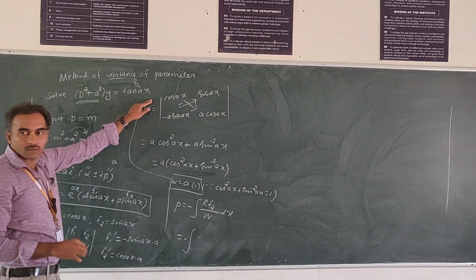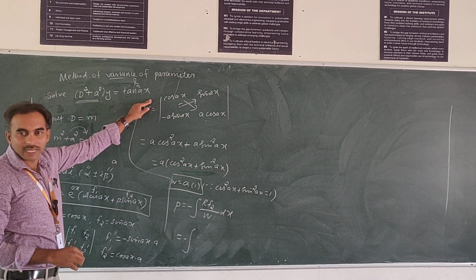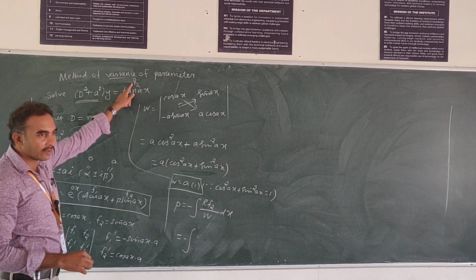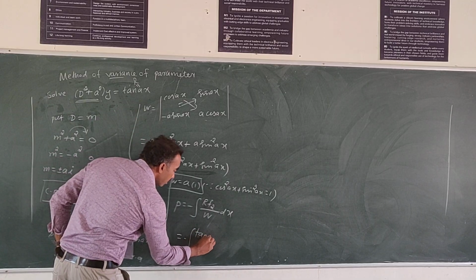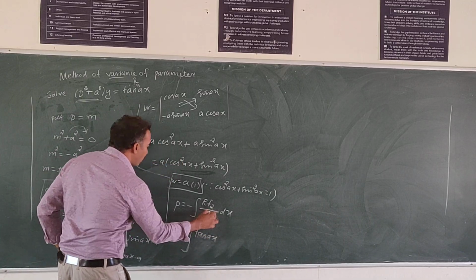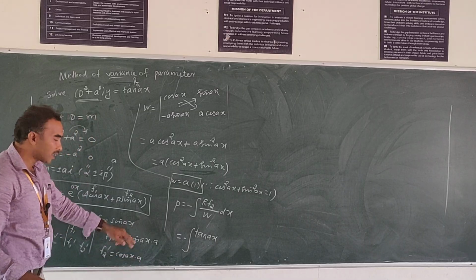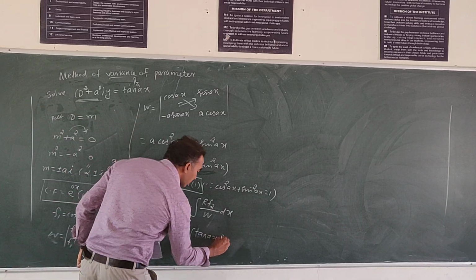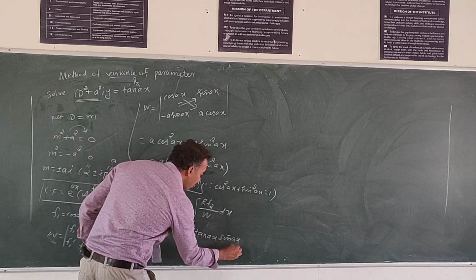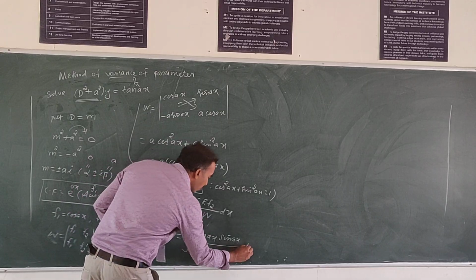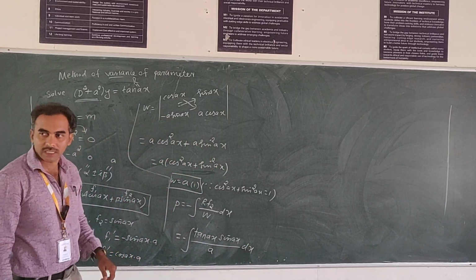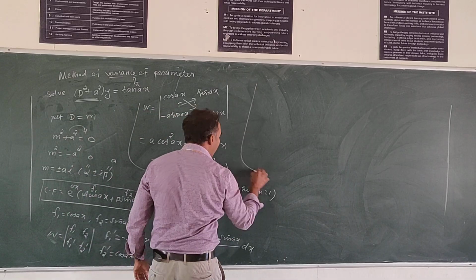Here the value is tan ax. R represents the right-side value. F2 is sin ax, divided by W, which is a, dx.